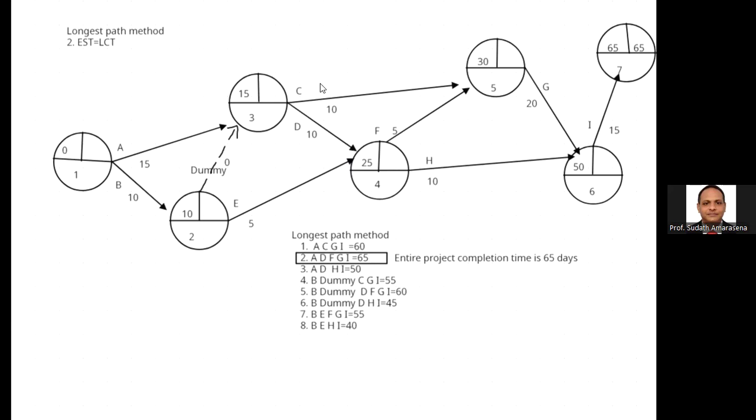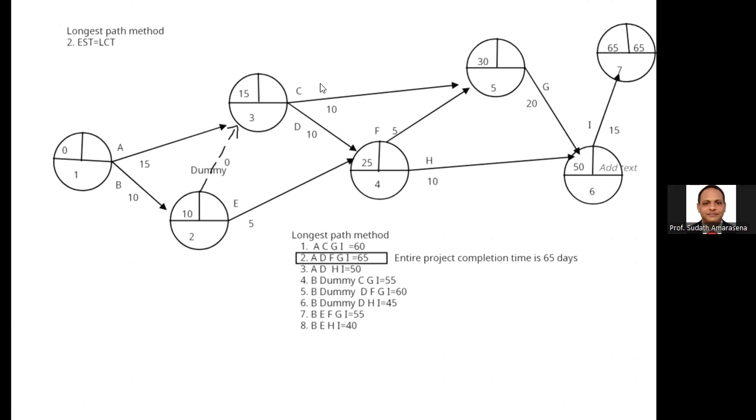When I calculate the latest completion time, I start from the right-hand side and come back to the starting point, the left-hand side. It is the backward process. When calculating the sixth event's latest completion time, you subtract the activity duration: 65 minus 15 is 50.